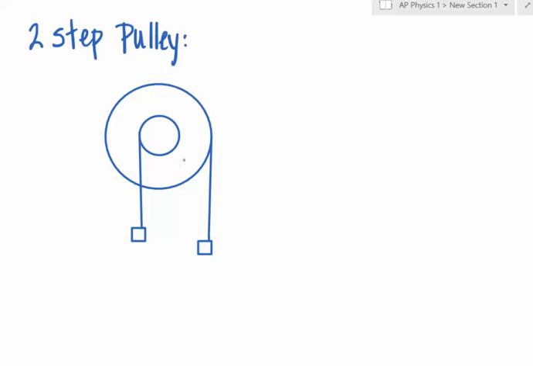Now, I can make this two-step pulley by putting two different discs together with infinitely super duper glue. So there's no slipping between the two discs. So imagine two discs stacked on top of each other. So this disc right here, the big one, the large disc has a mass of 60 grams.